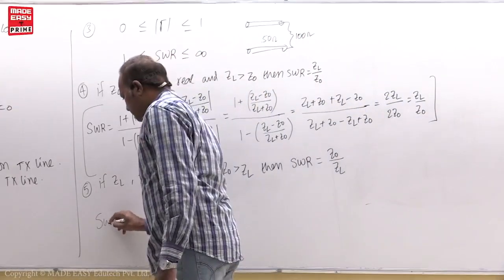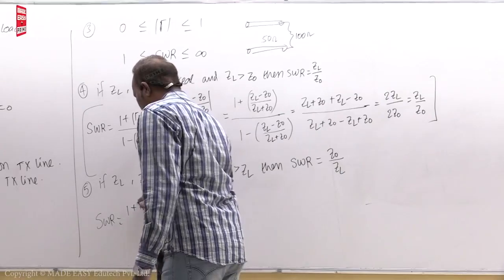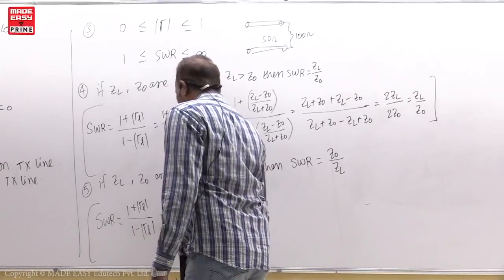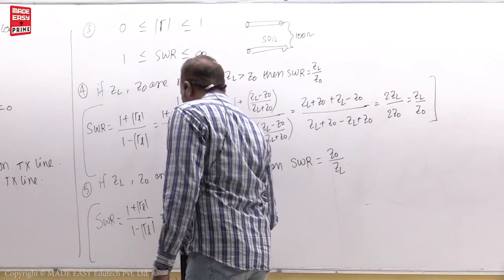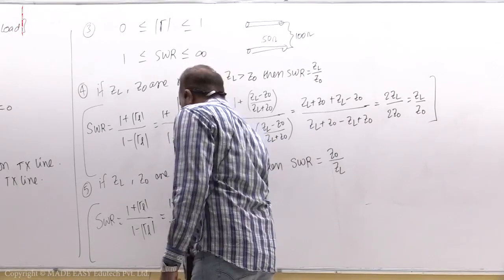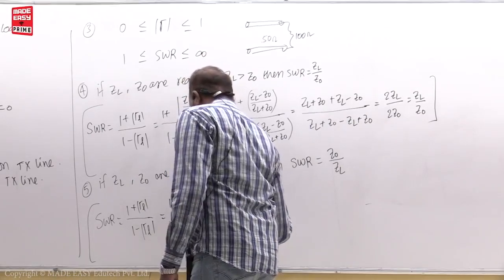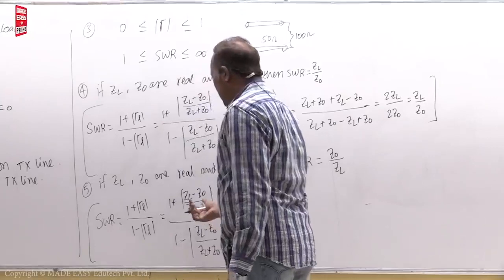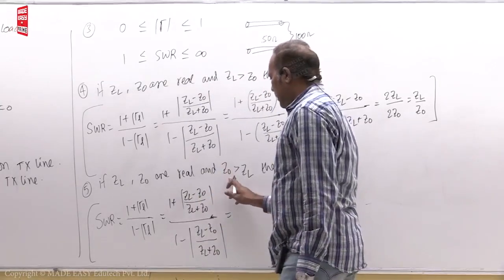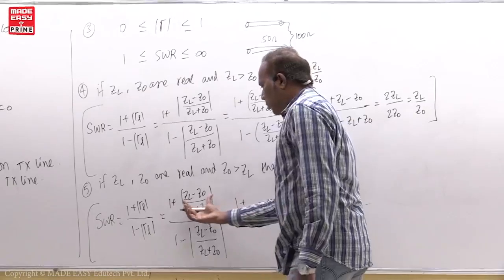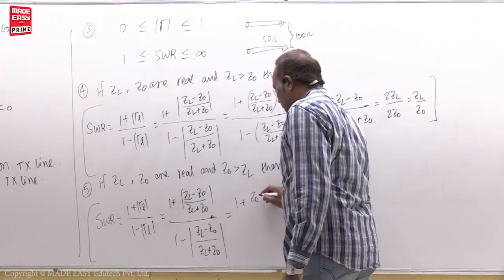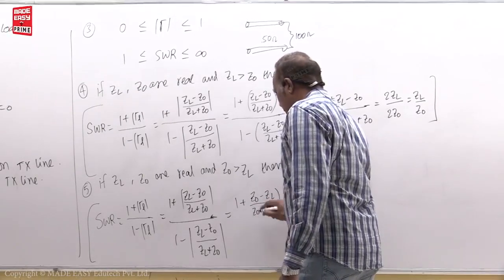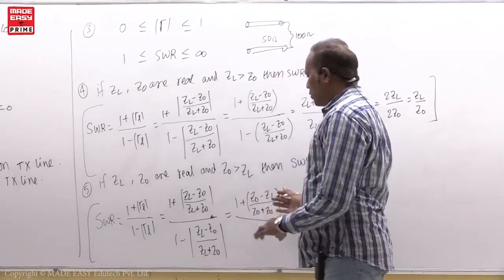Same again, SWR is equal to 1 plus mod gamma L divided by 1 minus mod gamma L, and both are real, so the ratio is also real. Z0 is bigger, so what to do? After removing this modulus, you have to get a positive. For that I will write Z0 minus ZL divided by Z0 plus ZL. Because mod is removed, make sure it should be positive.